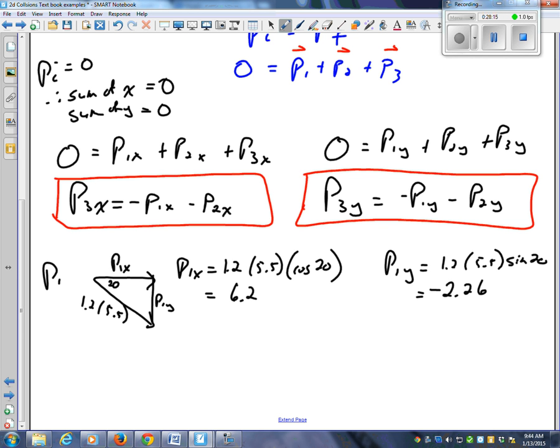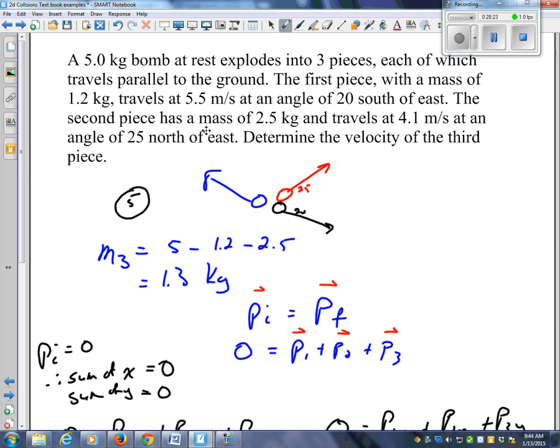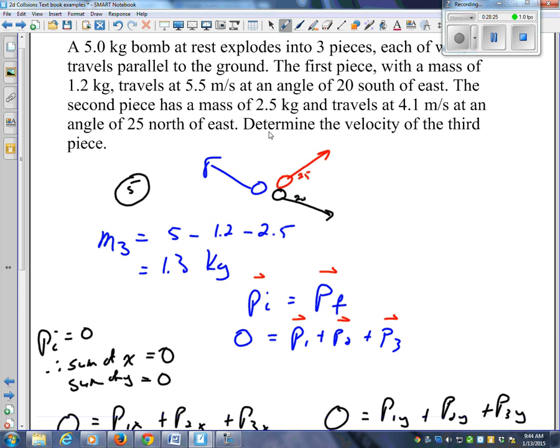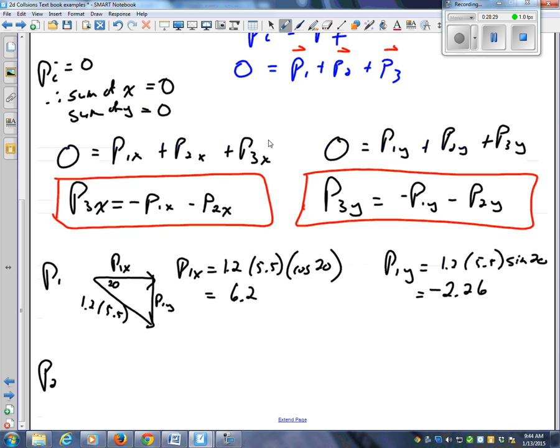Let's do the same for P2. P2 was 2.5 times 4.1 at an angle of 25. It was up like this.